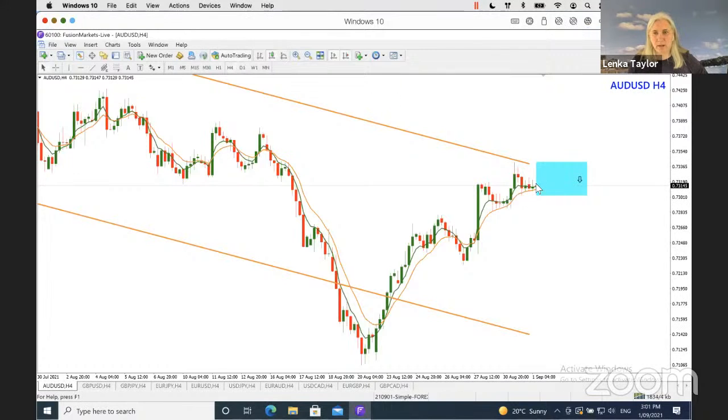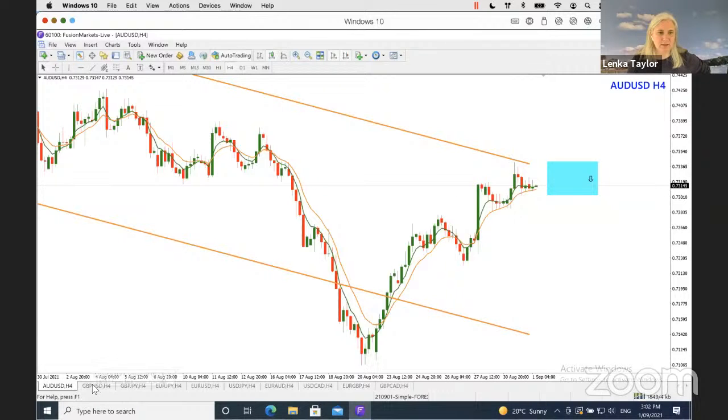On the 4-hourly, I'm looking for a reversal around this area, and if I see a reversal, then I will be entering a short position. So let's see, either today or tomorrow, especially if today goes sideways and we have a few more bars going sideways, and then we have a reversal, then that would be a good entry for a short.